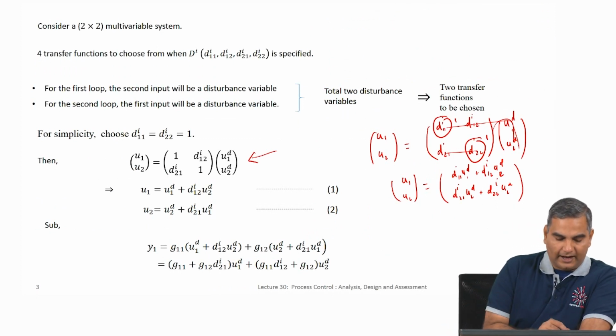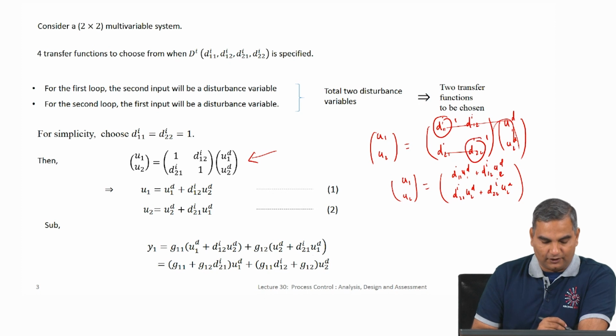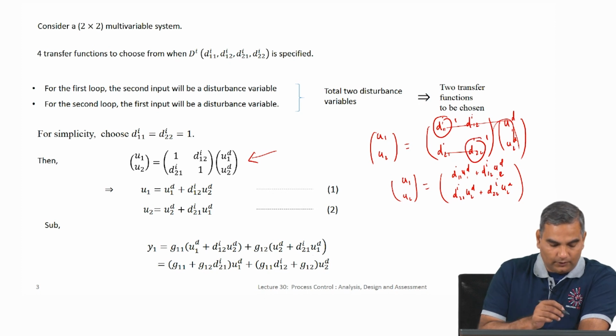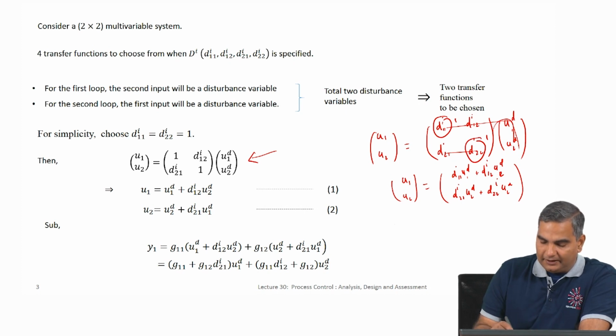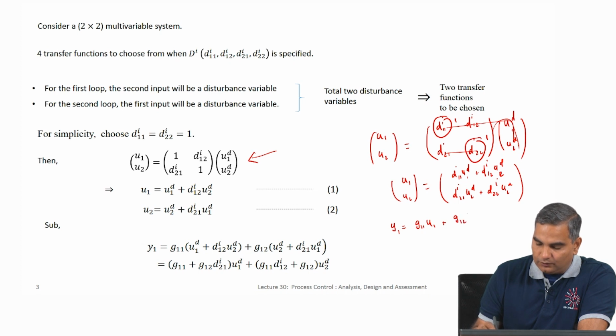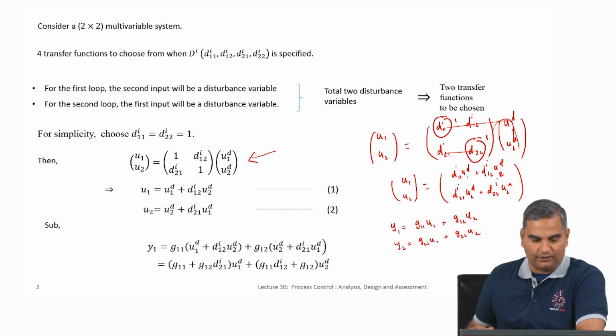Now you will write y1 as a function of u1 and u2, and you will see that typically in a multivariable process which we have seen before. So if I have y1, there is one transfer function g11 for u1 and then one transfer function g12 for u2. Similarly you will have y2, with one transfer function for u1 and one transfer function for u2, which is what we have written here.